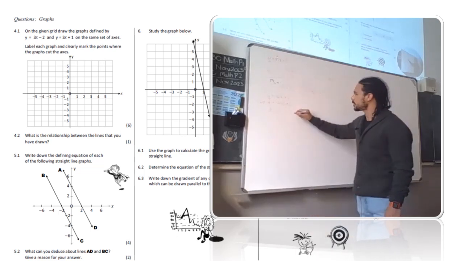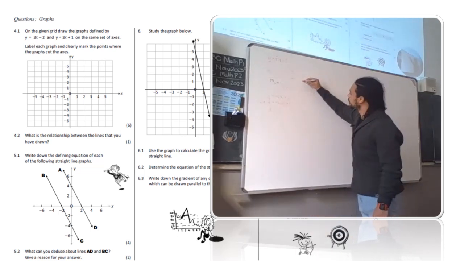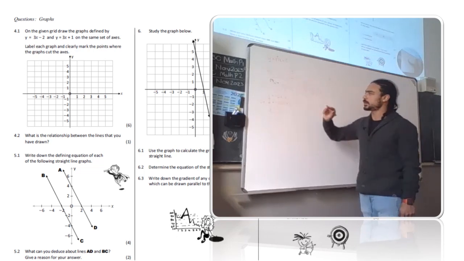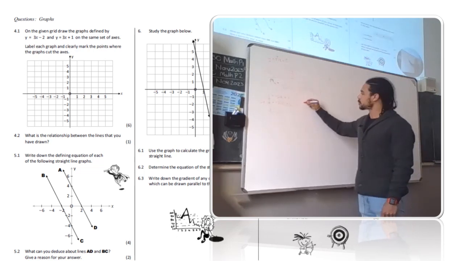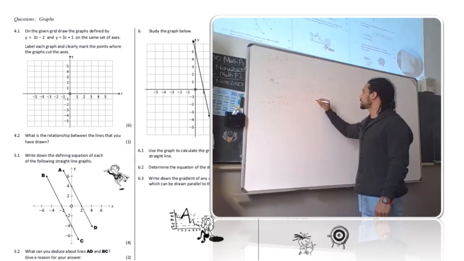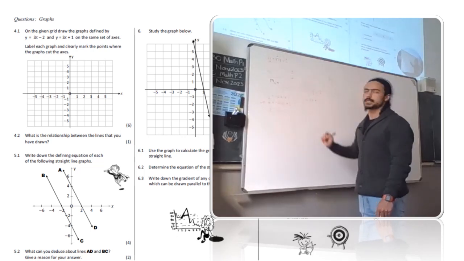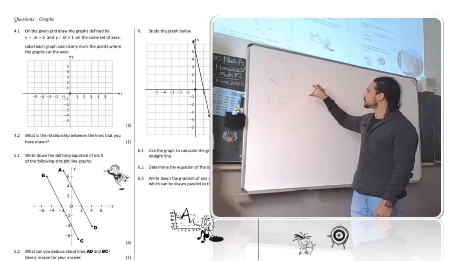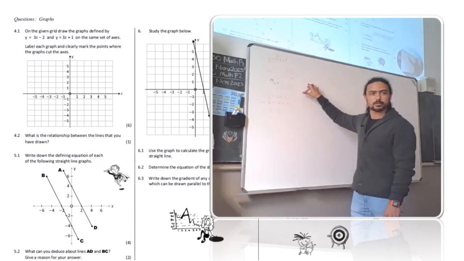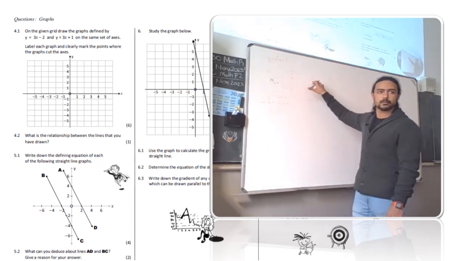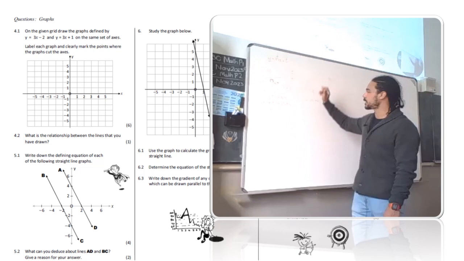Let's do it with the other coordinate. I'm going to substitute this coordinate into that equation. So that means y is equals to 2x plus 6 plus c. Now into the place of x, I'm going to substitute 2. Into the place of y, I'm going to put 0. All right, let's do that.